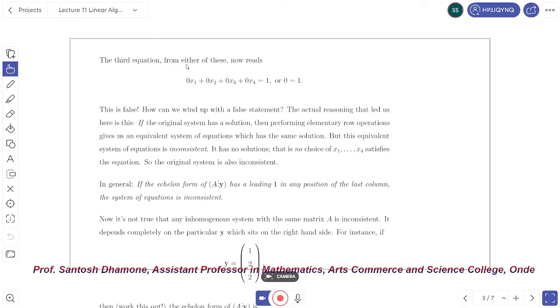In general, if the echelon form of the augmented matrix AY has a leading one in any position of the last column, the system of equations is inconsistent. This is important.